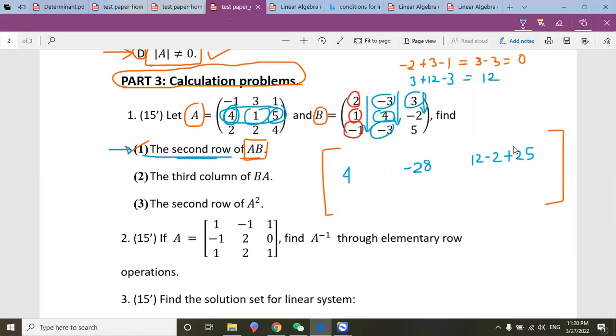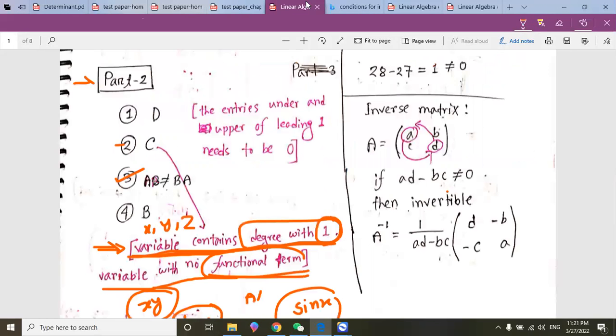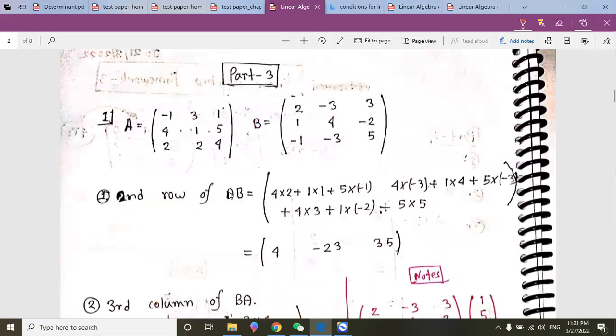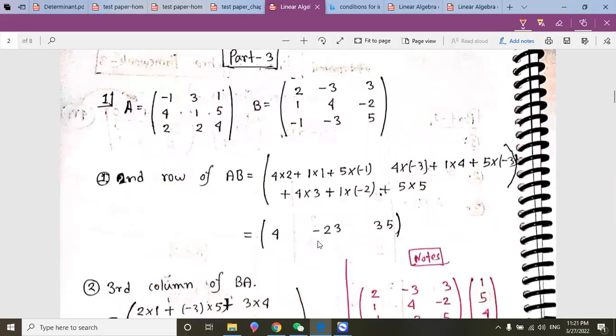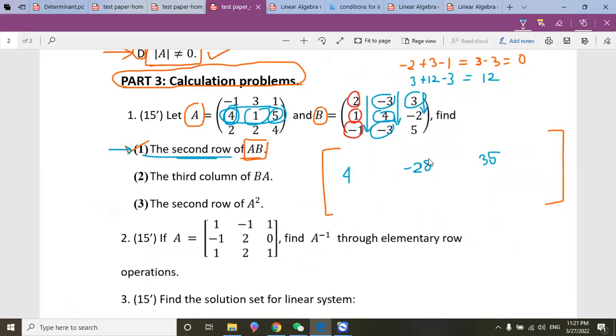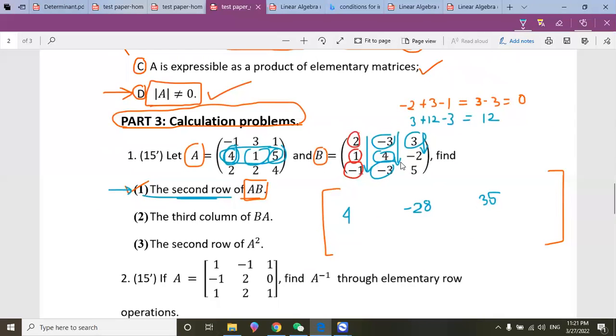And then 10 plus 25 will be 35. So 4, minus 28, 35. Okay. So have I made some mistake here? Minus 23, right?